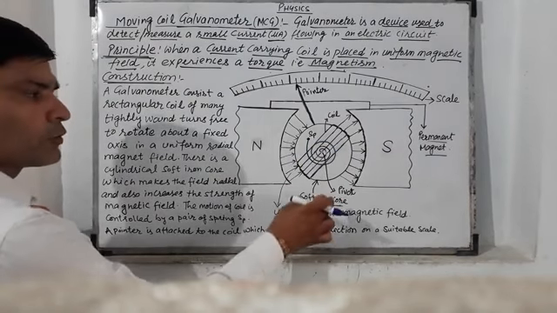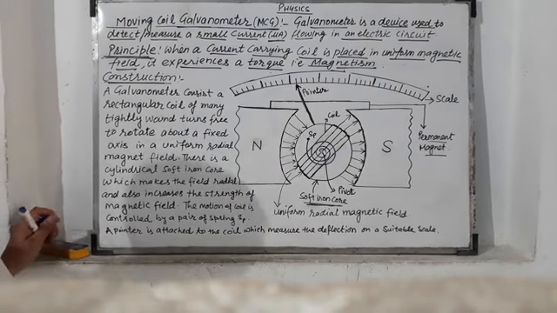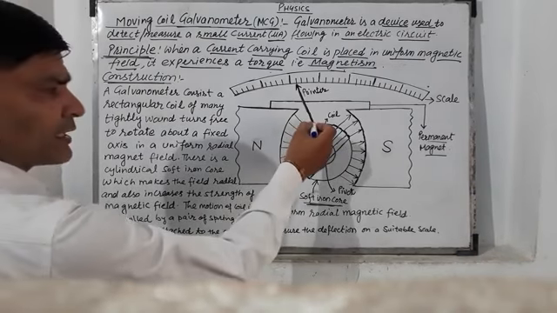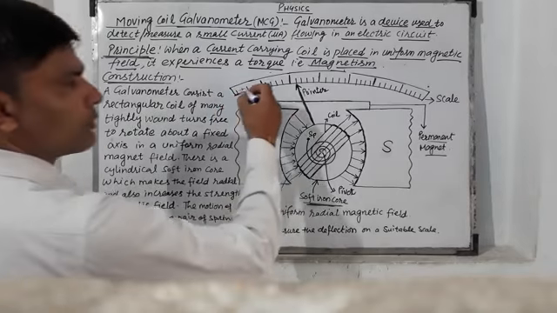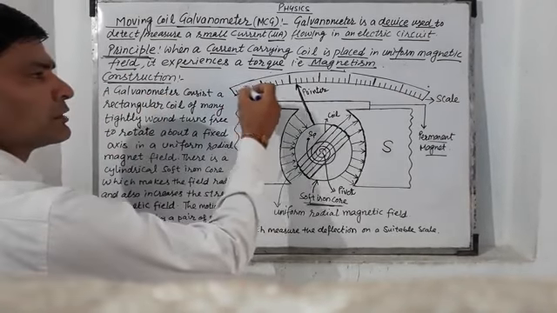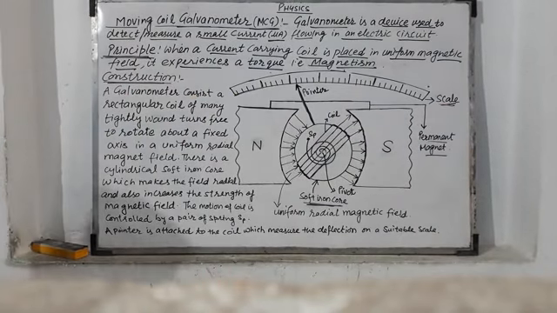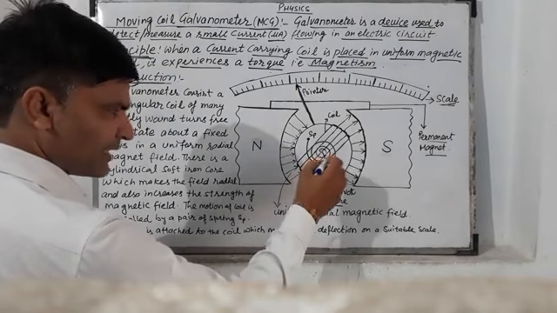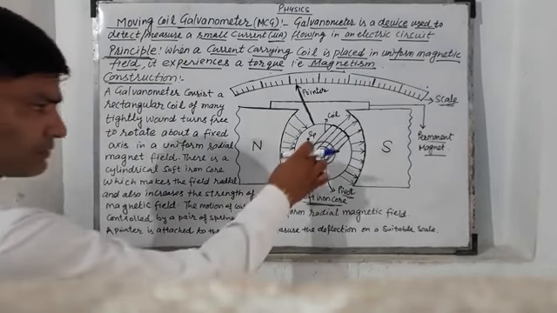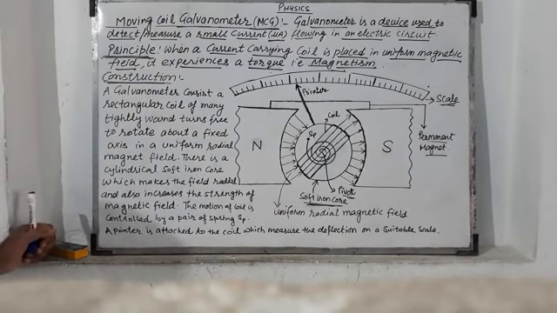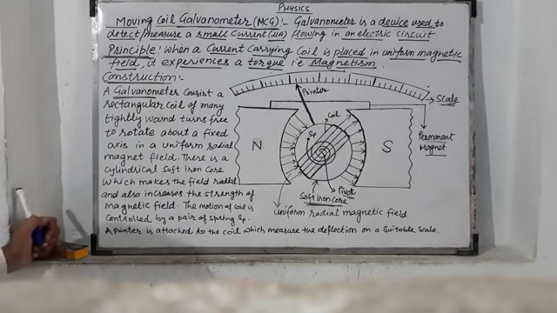A pointer is attached to the coil which measures the deflection on a suitable scale. A set of springs are connected to the pivot which control the motion of the coil.